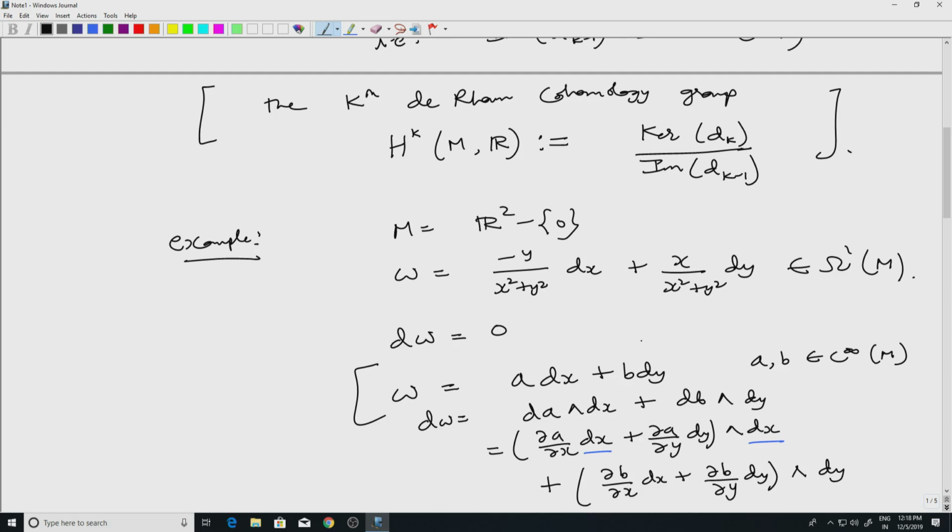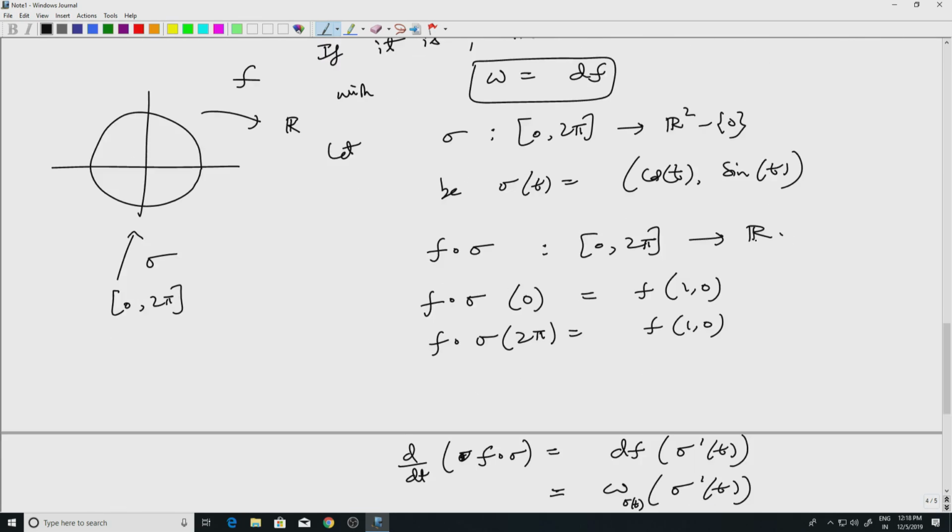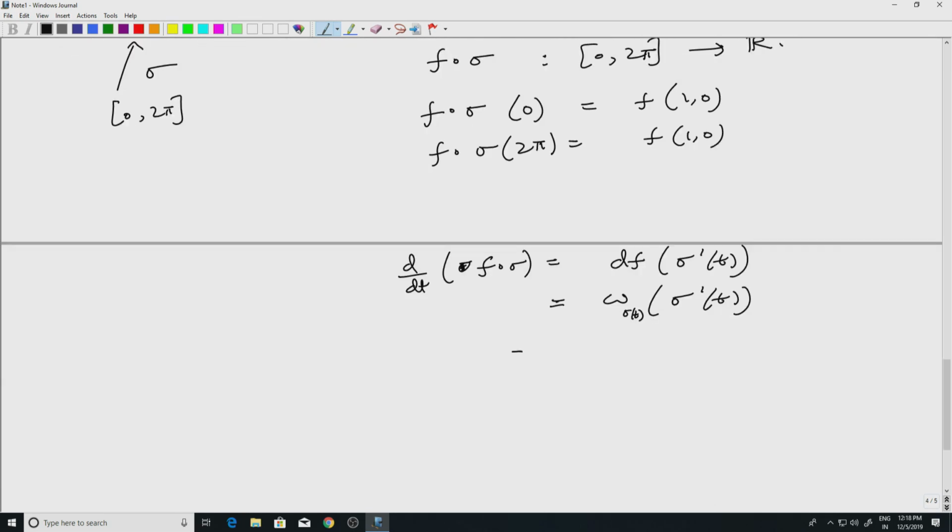So I'll just get minus y dx plus x dy, which is, the y coordinate is sine t, minus sine t dx plus cos t dy, and this evaluated on sigma prime, which is minus sine t, cos t.